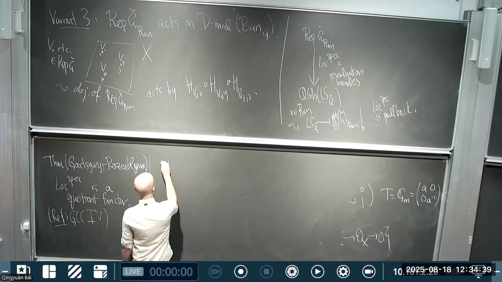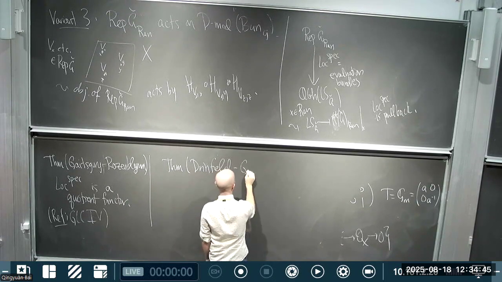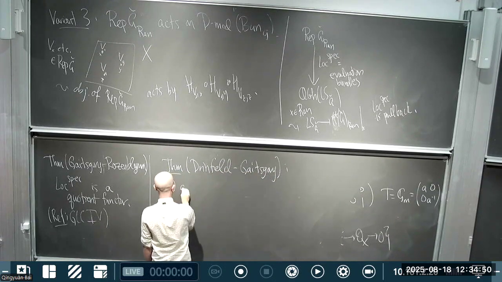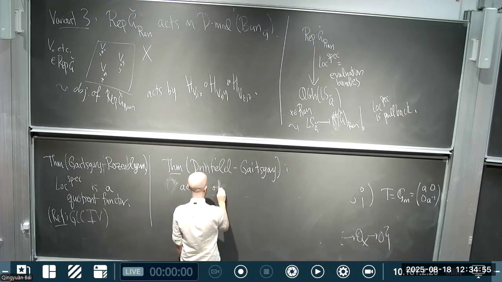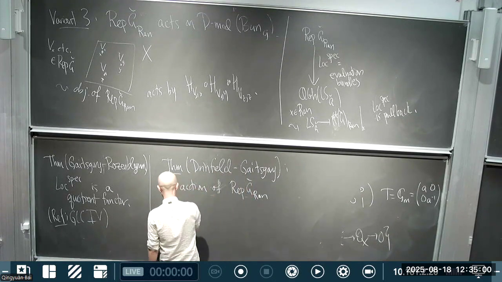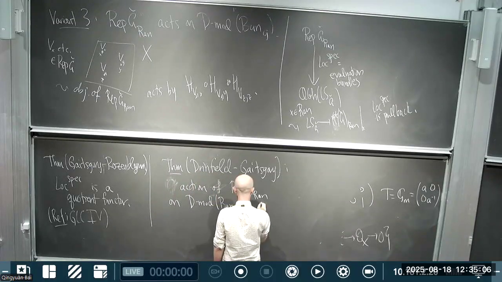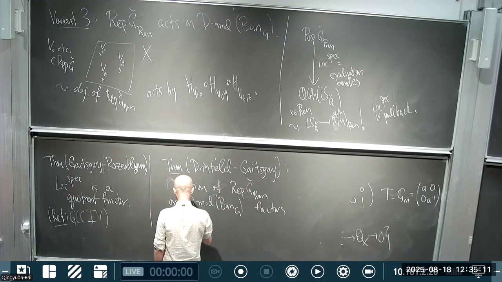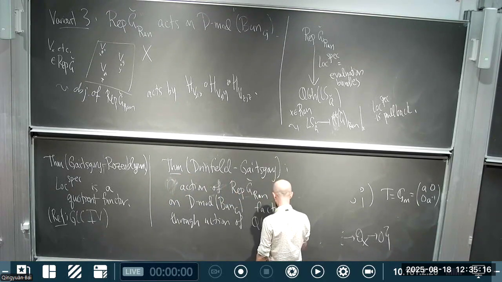And then there's a theorem of Drinfeld and Bezrukavnikov which says that the action of Rep G check run on D-modules on Bun G factors through an action of QCoh of Loc Sys G check.